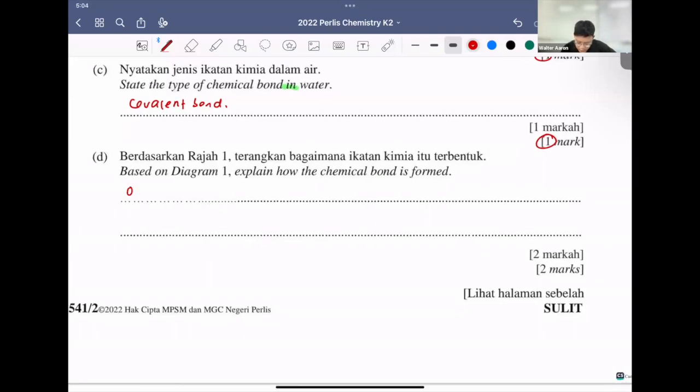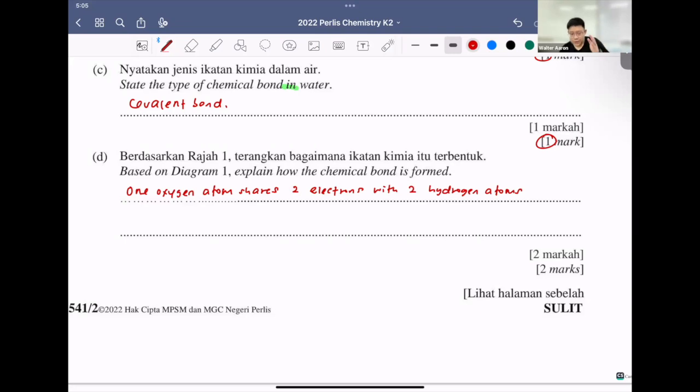So you say 1 oxygen atom shares 2 electrons with 2 hydrogen atoms.